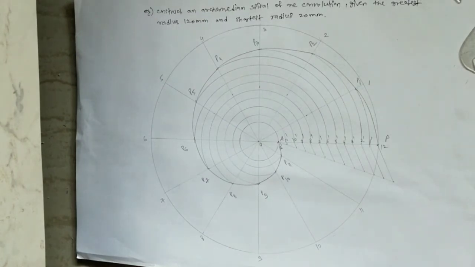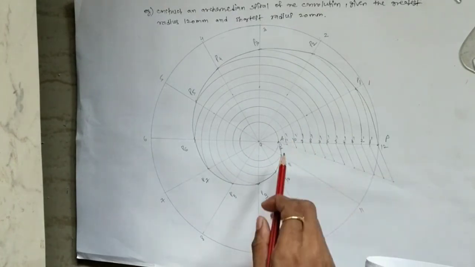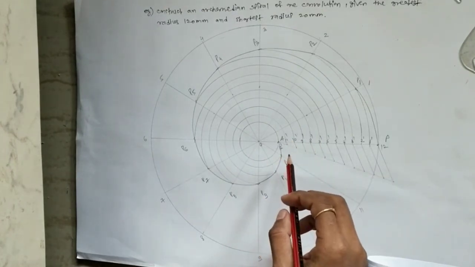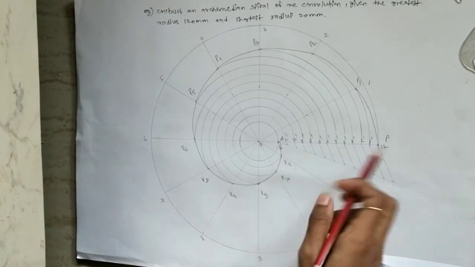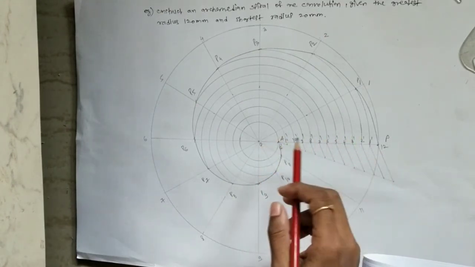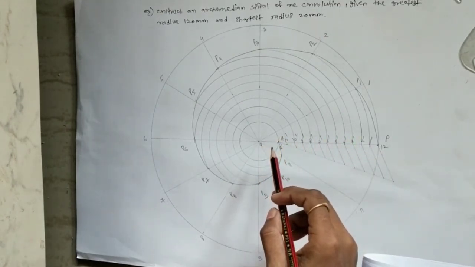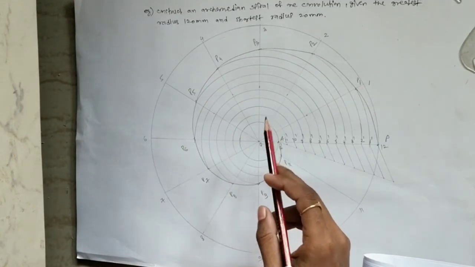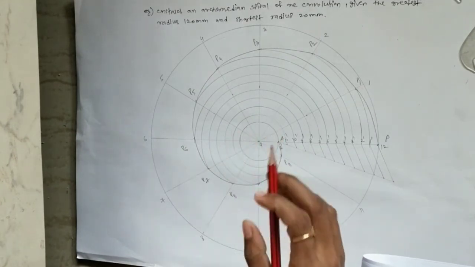Now, what is Archimedean spiral? So, Archimedean spiral is a curve generated by a point moving uniformly along a straight line while the line rotates about a fixed point.